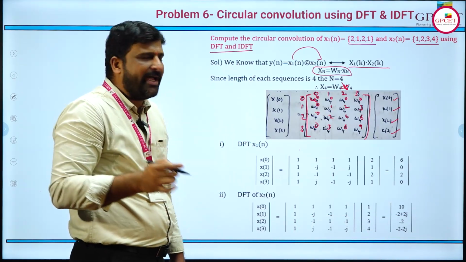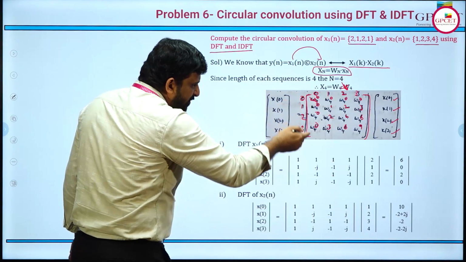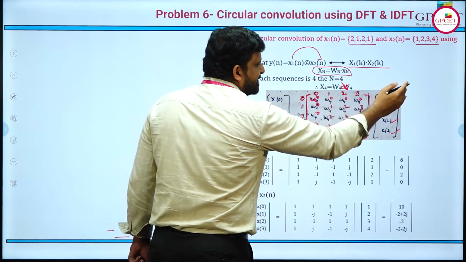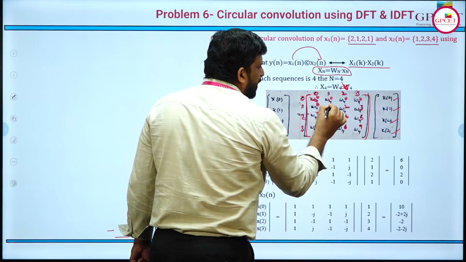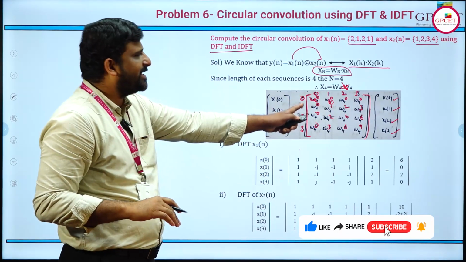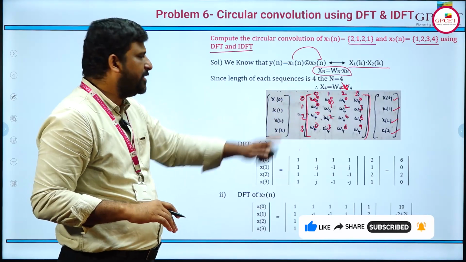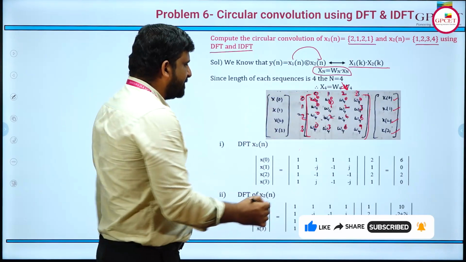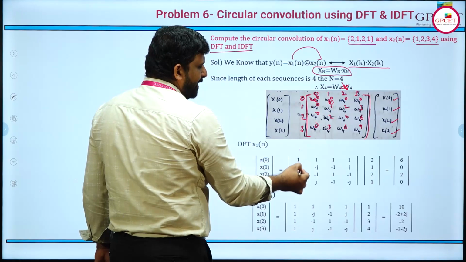Similarly for N is equal to 8, same, you have to take 0, 1, 2, 3, 4, 5, 6, 7, 0, 1, 2, 3, 4, 5, 6, 7, but instead of 4 what you are going to write here, you will write 8. So that is the thing. First this matrix representation should be remembered by yourself. So according to this, if I write the value, we will get this matrix.